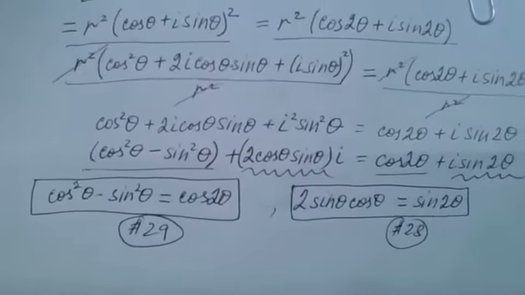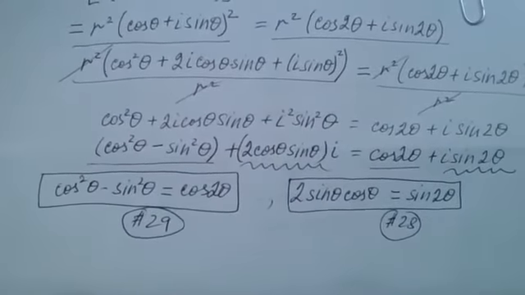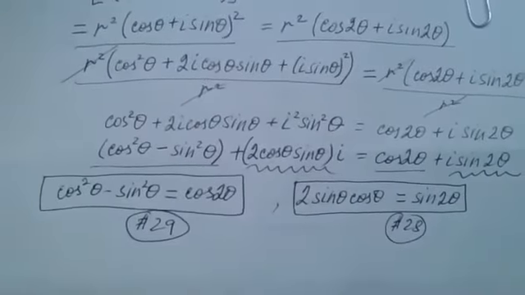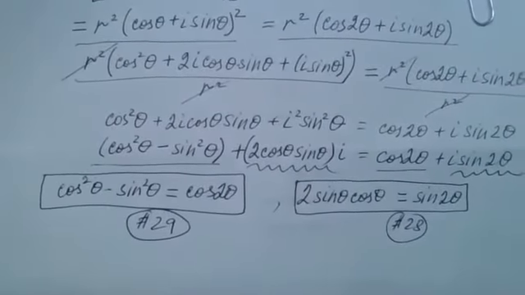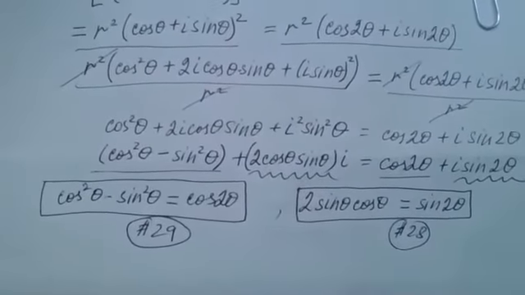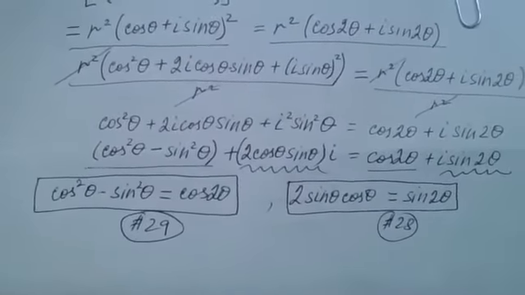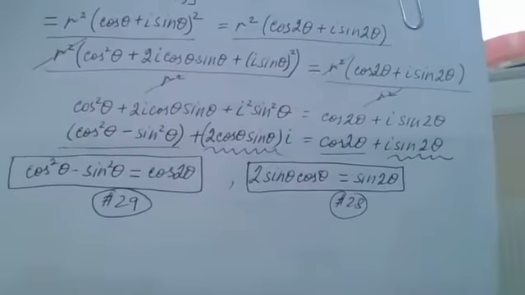When I was a student taking trigonometry class in high school, I learned formulas for 3 theta also, cosine of 3 theta, sine of 3 theta, but we never really used formulas for cosine of 4 theta or sine of 4 theta. But using de Moivre's formula, we can easily prove those formulas as well. This is why I call it a genius formula. Do you understand what I just talked about?